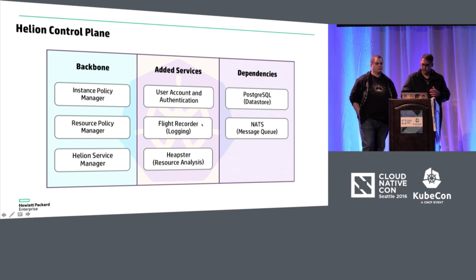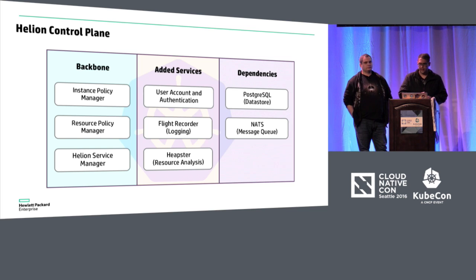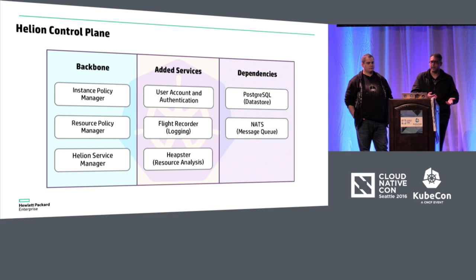In the added services piece, we have 3 different added services that applications on the platform can leverage. We have user account and authentication, which is basically the Cloud Foundry UAA service, which is a fully fledged OAuth 2 provider that the control plane makes use of in the default zone.